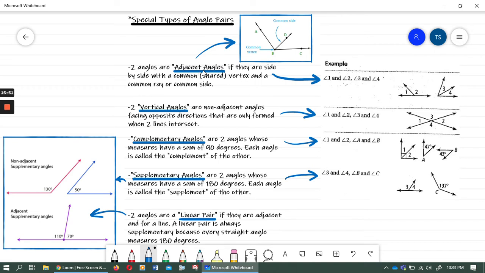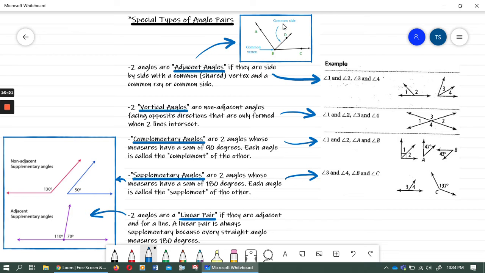Guys, 2 angles are adjacent angles if they are side by side with a common, or in other words, shared vertex and a common ray or a common side. So you see here in this diagram that's boxed in with the blue, these 2 angles are adjacent angles because they're side by side.